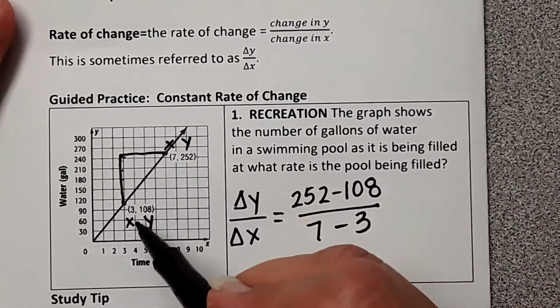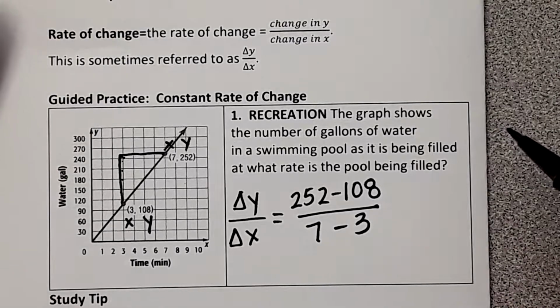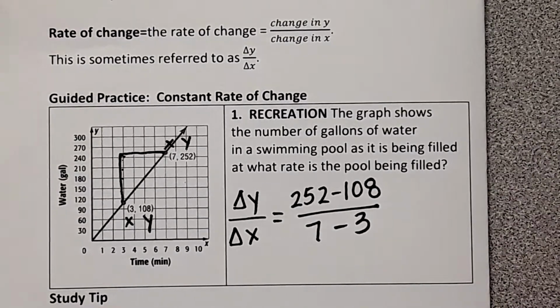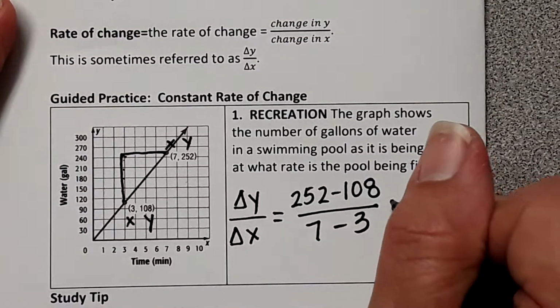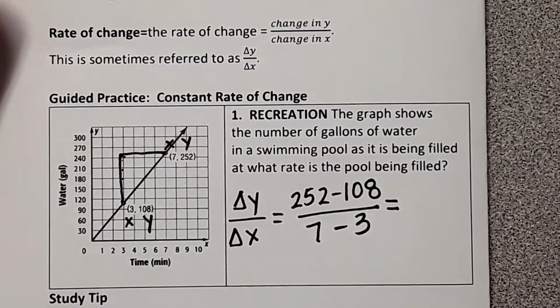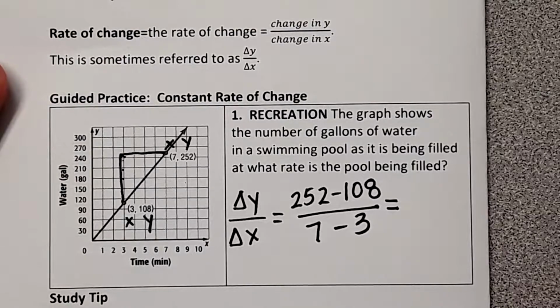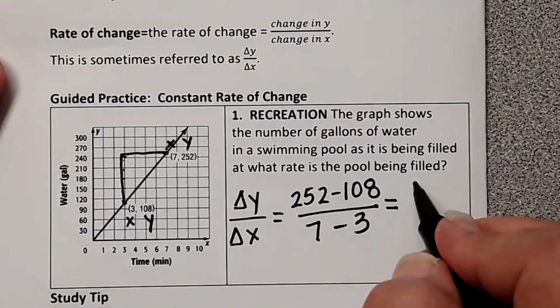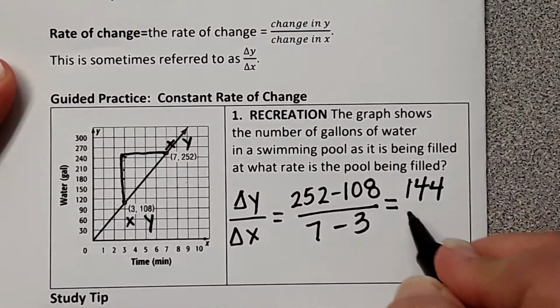If I went down and to the left, it would be a negative over a negative, which still would be positive. So 252 minus 108, over 7 minus 3.